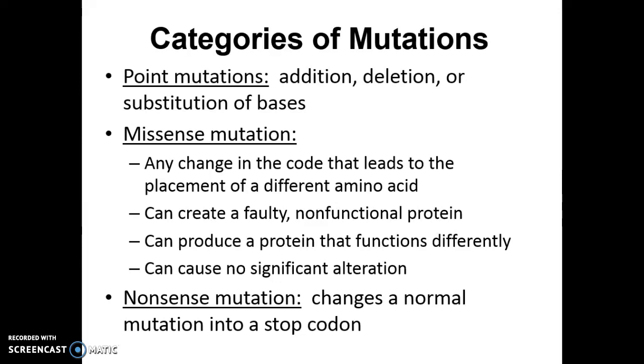And so if your amino acid sequence should have read for a protein to be 100 amino acids long, maybe that nonsense mutation caused a stop codon to occur, say at amino acid 50. And so now your amino acid sequence is only 50 amino acids instead of 100, and that's probably going to affect the protein. It's going to be called a truncated protein or a truncated sequence because it's not as long as it should be.